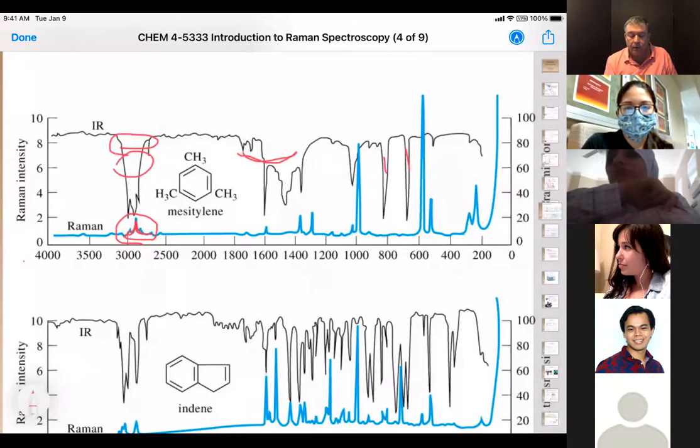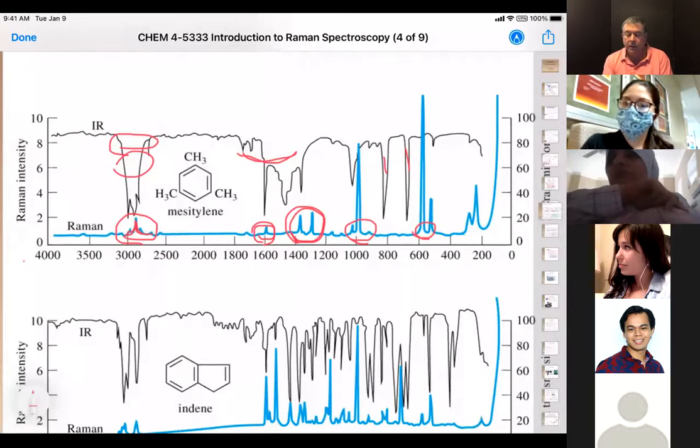Now, there are also some peaks here associated with our carbon-carbon double bonds. Okay, things that aren't like twisting out of plane or something like that. It's a very symmetrical carbon-carbon double bond stretch, and so we see those in the Raman quite well. But notice we see a couple other peaks we don't really see in the other system here.